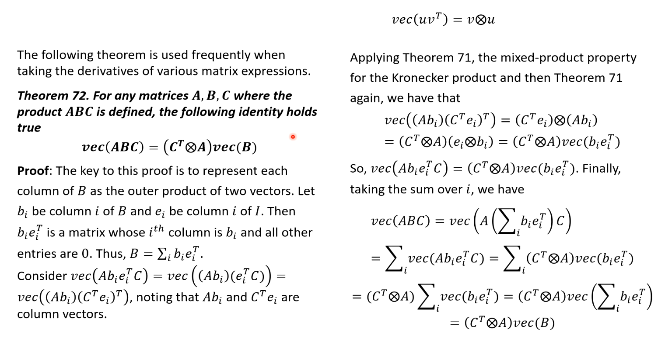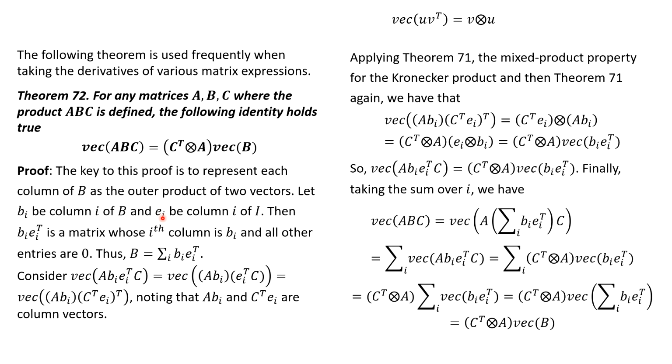This is a very useful result that comes up a lot in matrix calculus where you want to convert between different formats. So with that in mind, let's take a look at the proof. The key to the proof is to represent each column of B as the outer product of two vectors. So let B sub i be column i of B, and E sub i be column i of the identity matrix.